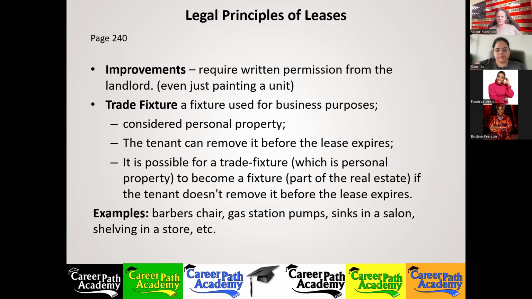They have to remove it before the lease expires. If they don't, then that trade fixture becomes a fixture, which is a part of the real estate, and they can't remove it.